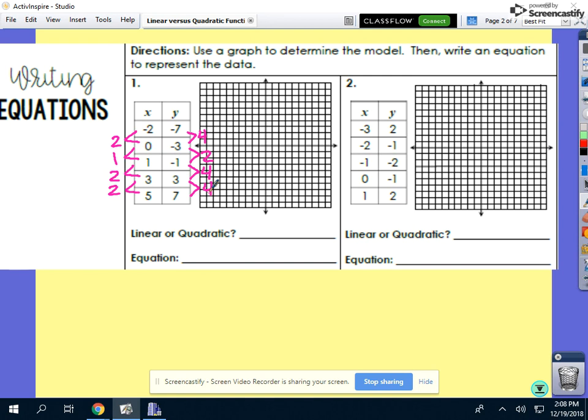Remember, you can identify whether a function is linear if it has a constant slope. The slope in this case would be 2.